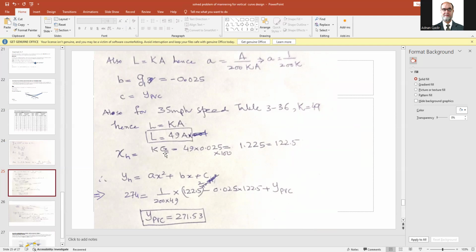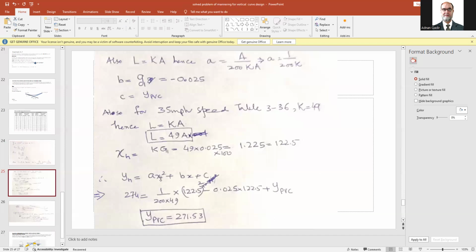So X is simply 122.5 feet. Now, in this equation, we know X, we know a, we know B, and we don't know C, that is YPVC. But along some point on the curve where there is X, there is the lowest point, and whose elevation is given to us.